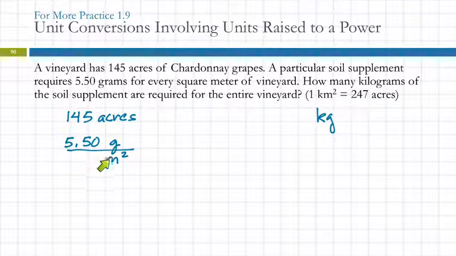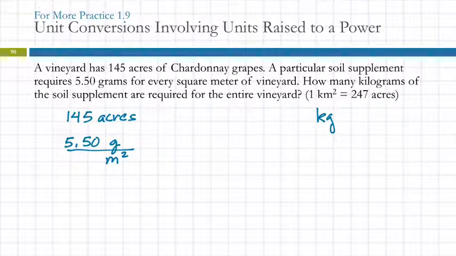This has a compound or derived unit, grams per square meter. That is a relationship between two different things. This can be used as a conversion factor. This one cannot. So we're going to start with the simple unit, and then we're going to go to kilograms. This is going to come in as a conversion factor.